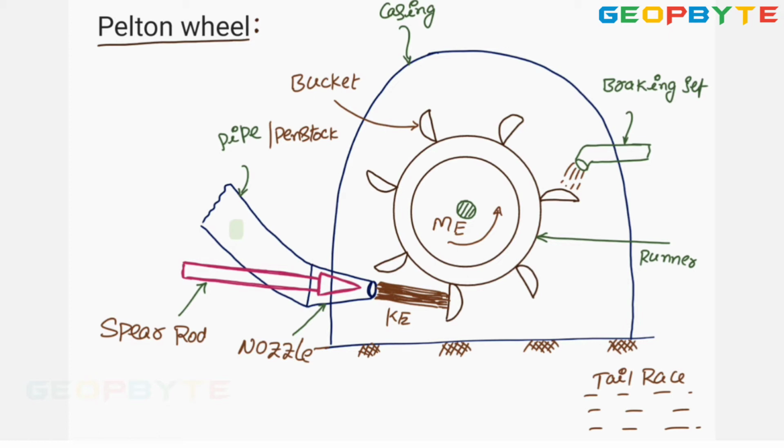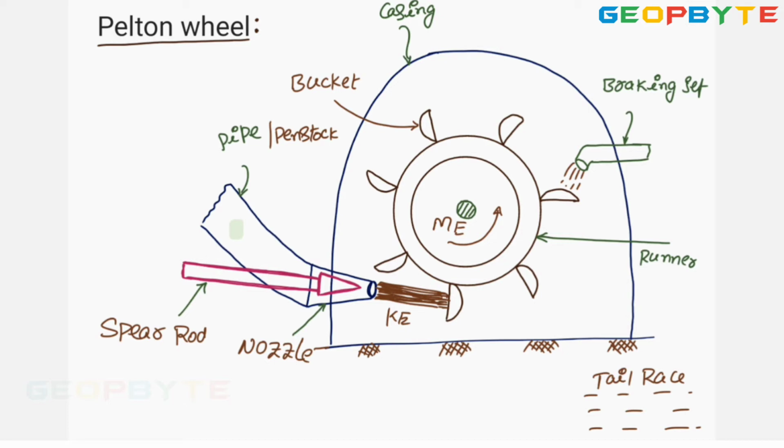Therefore, the turbine goes to rest in a small time. So, for minimizing the unwanted revolutions, the braking jet comes into picture. Once the turbine is stopped, the braking jet is automatically stopped.